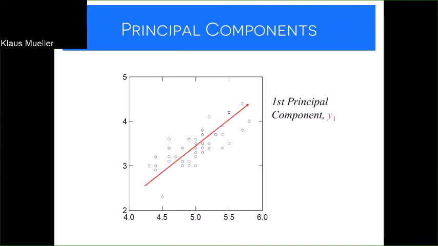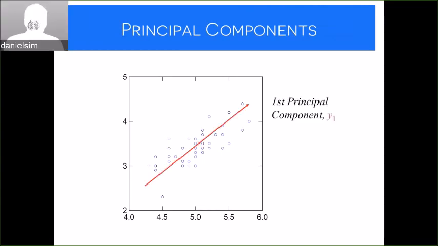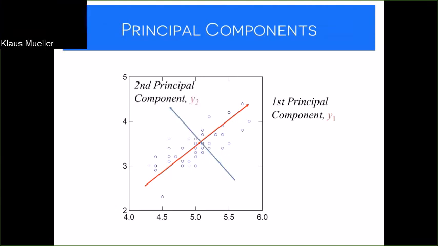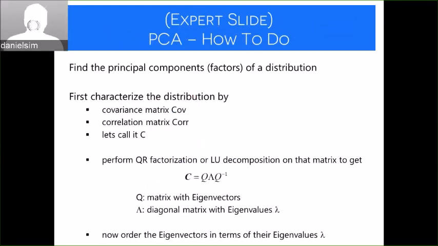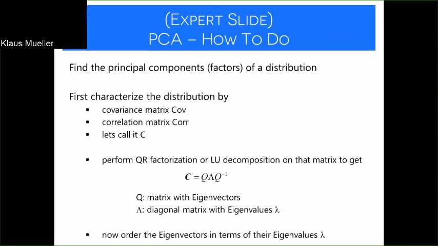Okay, so this is the first principal component. It's the one along the largest variation. Then basically how it works is you take this covariance matrix or correlation matrix, whatever it is, call it C, and you do a factorization, an SVD of some sort, to figure out these three matrices. This is the matrix with the eigenvectors, and this is the matrix with the eigenvalues.